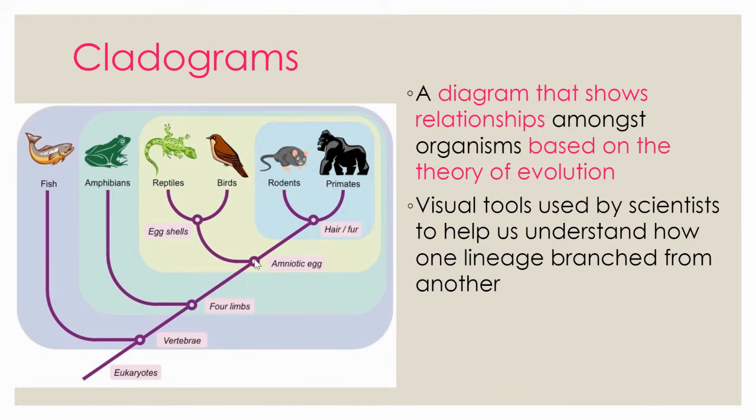And then evolving from those organisms came these ones that have hair or fur, and that includes the rodents and the primates. So it's kind of based on the theory of evolution and relationships between organisms based on the characteristics that they have. It's a very nice visual tool that helps us understand how one group of organisms may be branched off from another group.